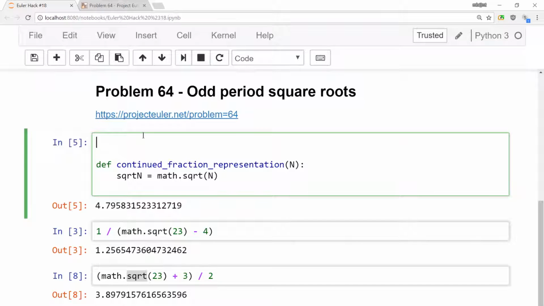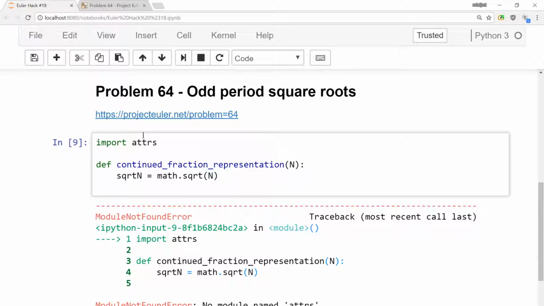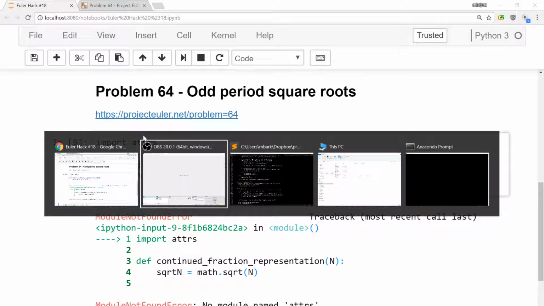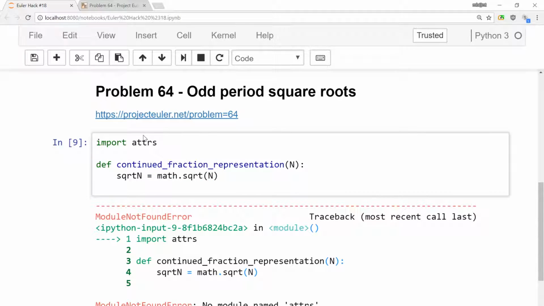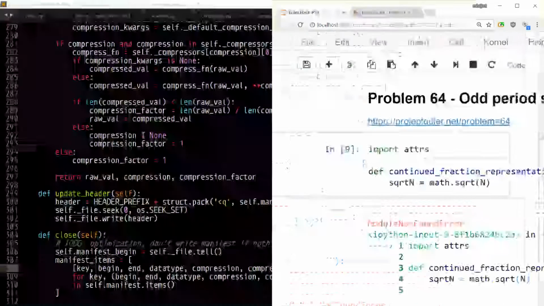So let's just generate, what is it? Wait a minute, I know what to do. I'm wondering if I should use attrs. Do we even have attrs? Import attrs. I don't have it. Let me just check. Nope.